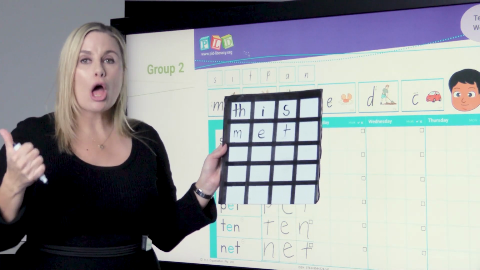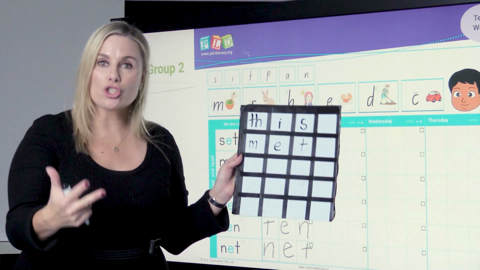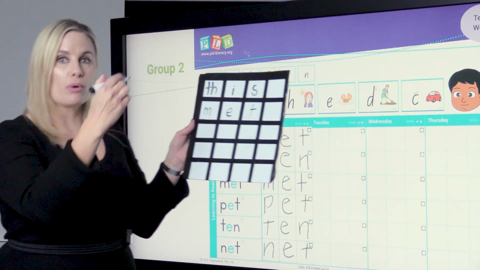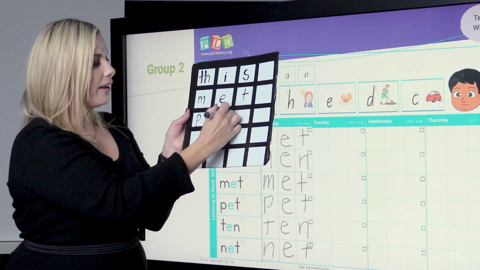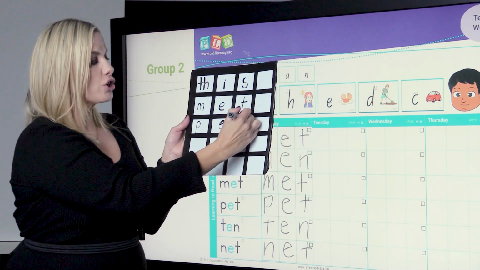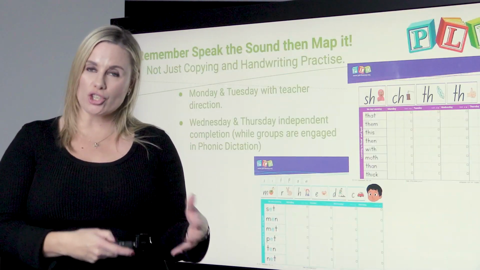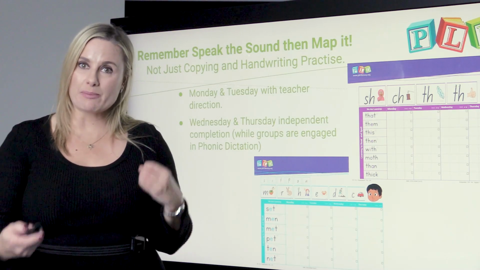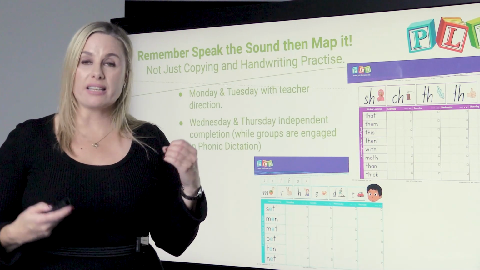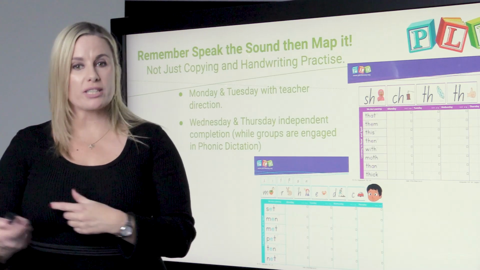What are my sounds? What's my initial sound? Monday and Tuesday is with teacher direction. Wednesday and Thursday speech to print mapping is done independently whilst you are rotating with a phonic dictation group.